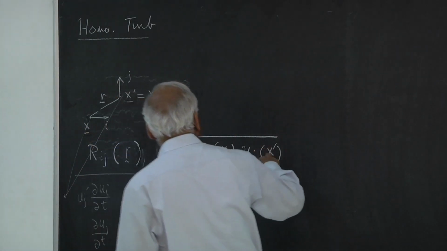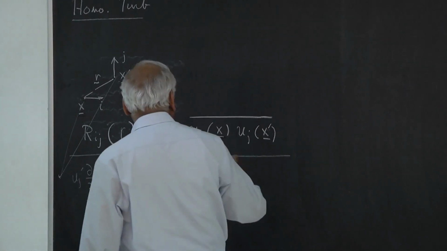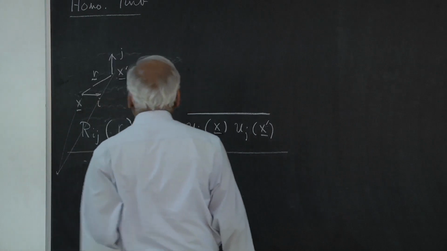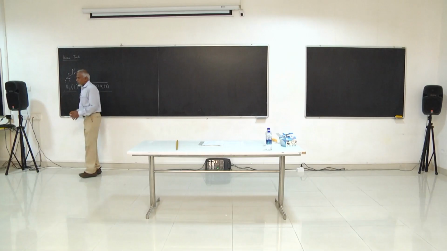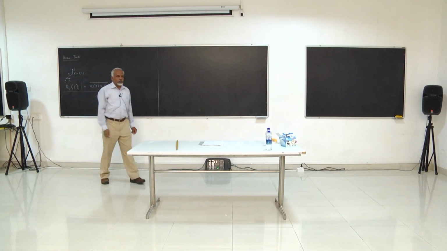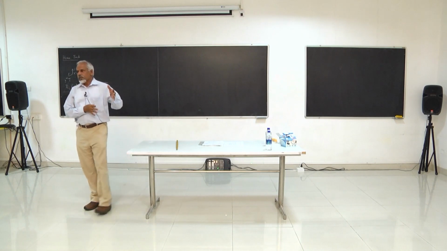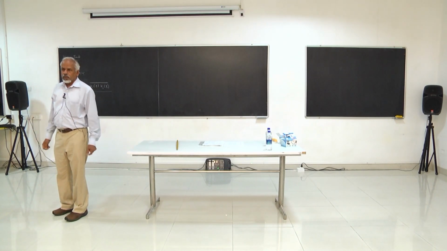But let me first say something else before I even begin to do that. In homogeneous turbulence, the mean flow is very trivial. It's either a constant velocity that is moving everything along, or there is no mean velocity at all.